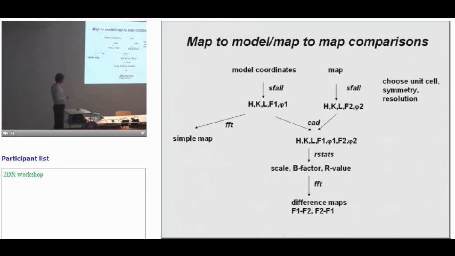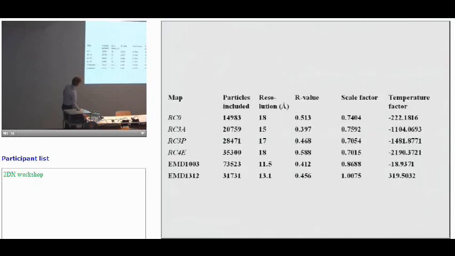So this program can be applied now, and it refines scale and B factor, and it also gives an R value for the comparison. You can use that to scale your amplitudes here and to calculate, as accurately as possible, difference maps. And I will give you one little example of this process.